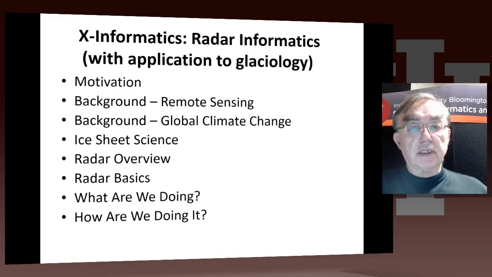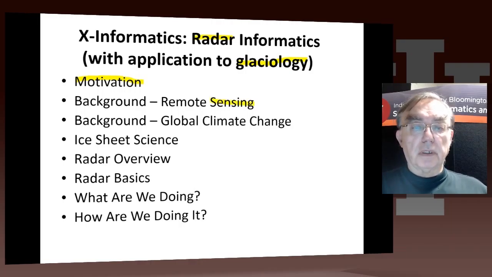Finally, we get to a discussion of the last unit of the class, which is radar informatics. Pretty interesting area. Radar gets lots of data, requires a lot of processing, typically image processing and signal processing. The particular case we will cover here is glaciology, where we will start off with this motivation, which is clearly motivated for polar science by some rapid, slightly alarming changes of the ice sheets and the glaciers at the North and South Pole and actually on mountains.